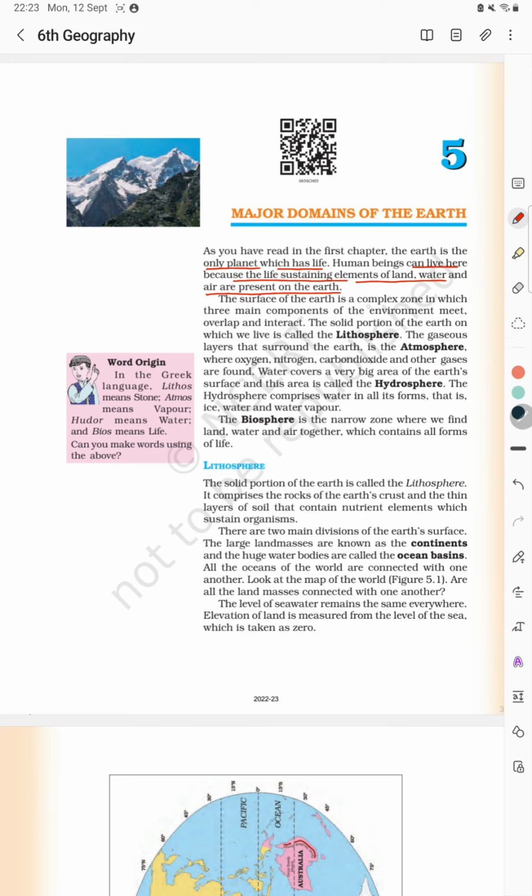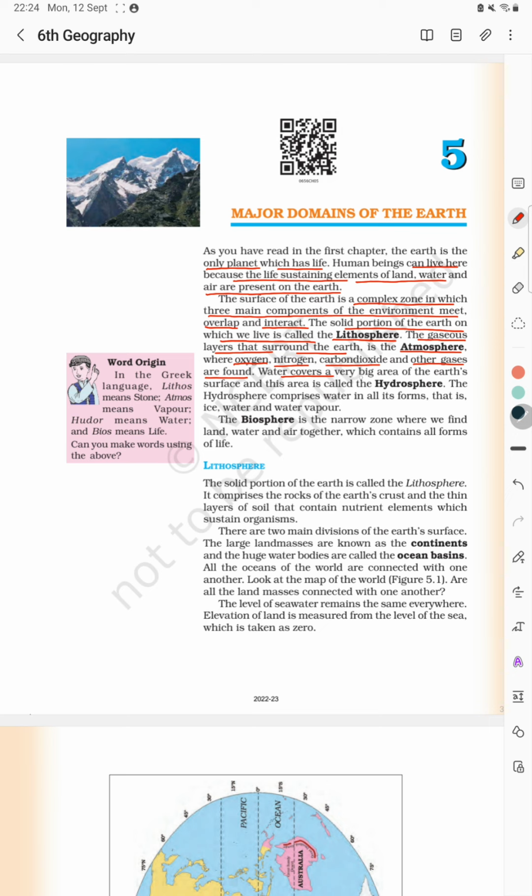The surface of Earth is a complex zone in which three main components of the environment meet, overlap, and interact. The solid portion of the Earth on which we live is called lithosphere. The gaseous layer that surrounds the Earth is known as atmosphere, where oxygen, nitrogen, carbon dioxide, and other gases are found.